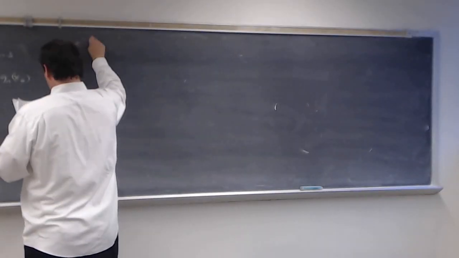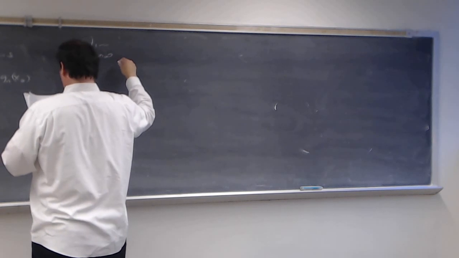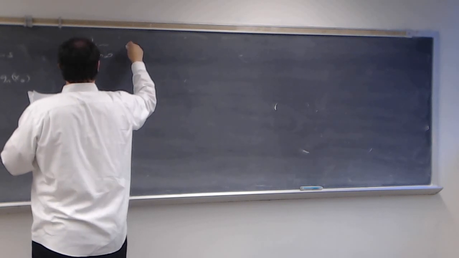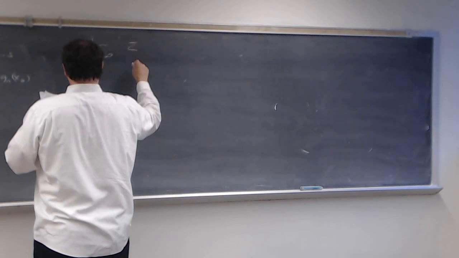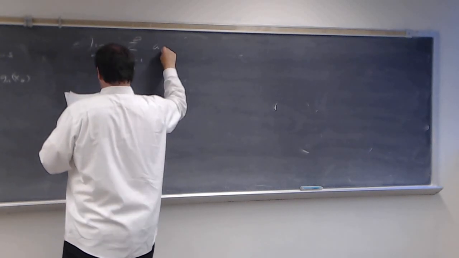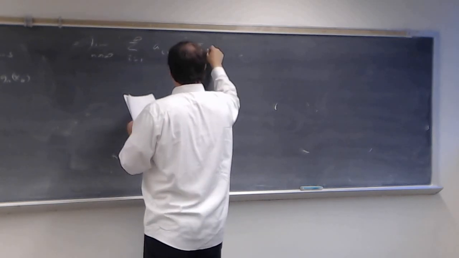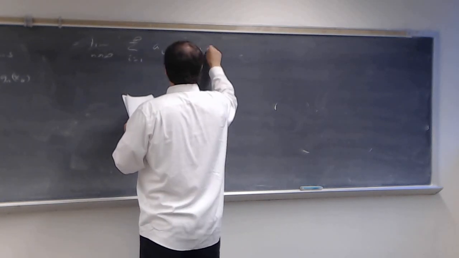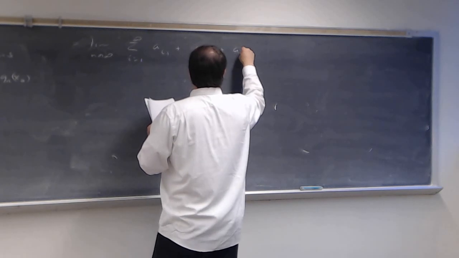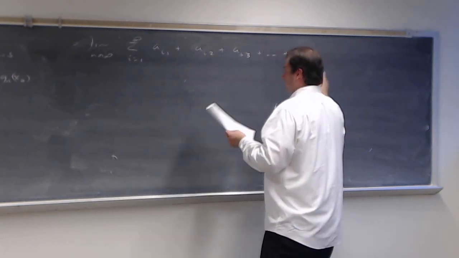Which equals, finally, the limit as n goes to infinity of the sum as i runs from 1 to infinity of a sub i1 plus a sub i2 plus a sub i3 plus all the way up to a sub in. That's finite.